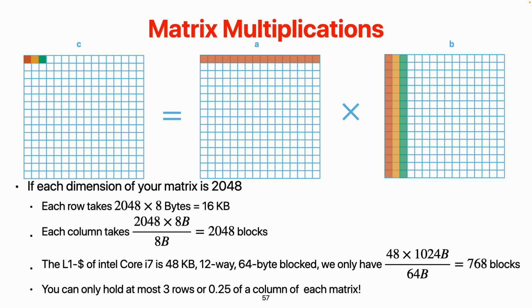So it's actually 2K times 64, right? That's more than your cache capacity. So you are going to see capacity misses. So how can we avoid those capacity misses?